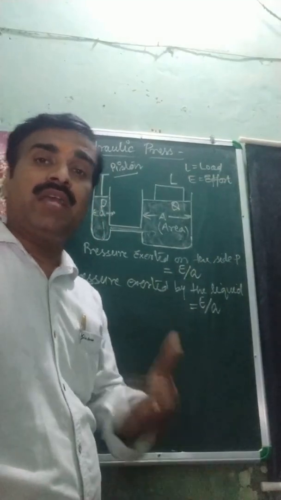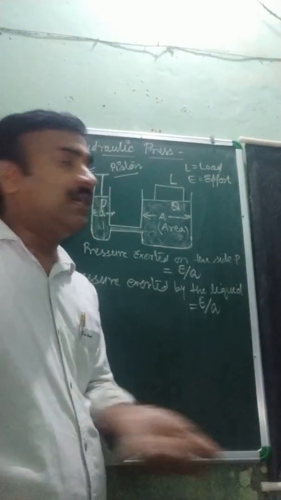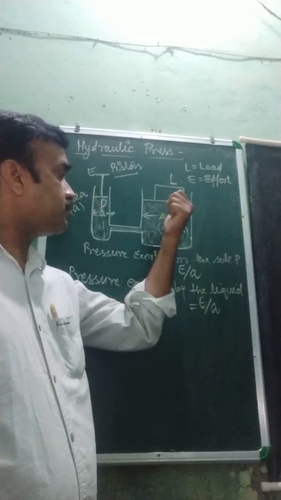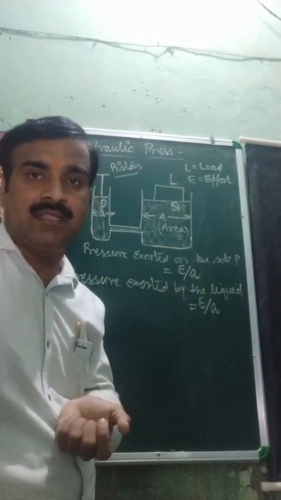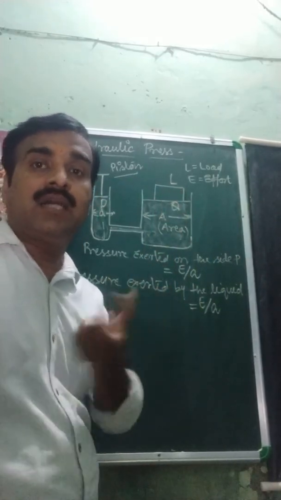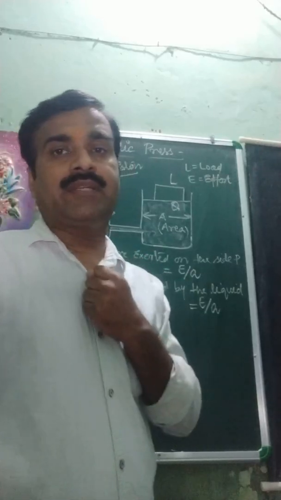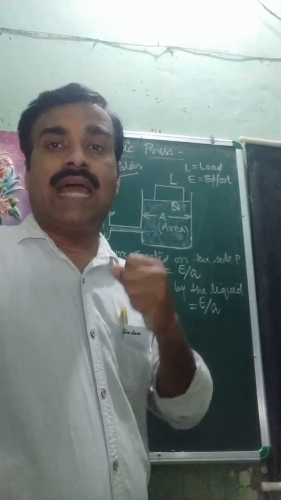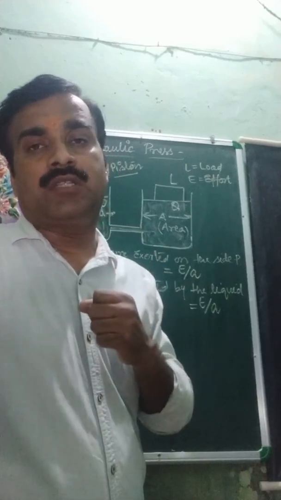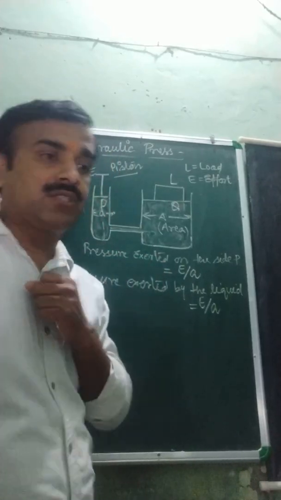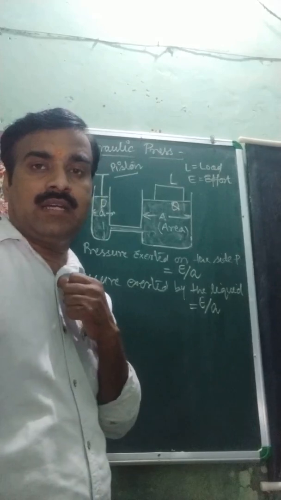Okay, now if we have to calculate how much thrust will act, the definition of thrust I have explained in the previous class. The force acting normally on the given surface is called thrust.